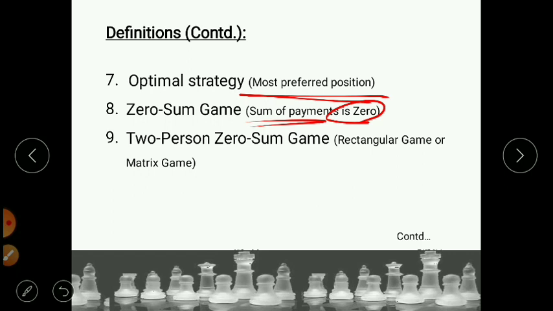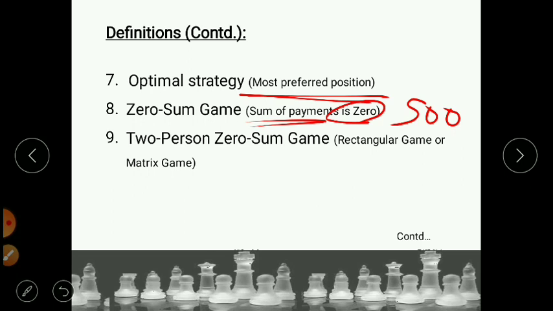If there are a fixed number of voters, let's say 500 voters, and a particular candidate gains 300 votes, then that is actually a loss to the second candidate. Those 300 votes are a loss to the second candidate. So that can be called a zero sum game.